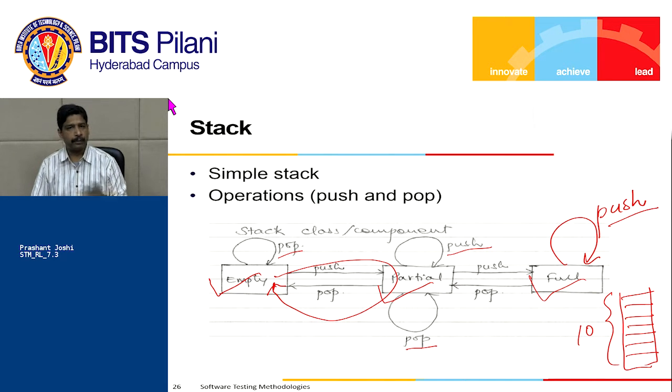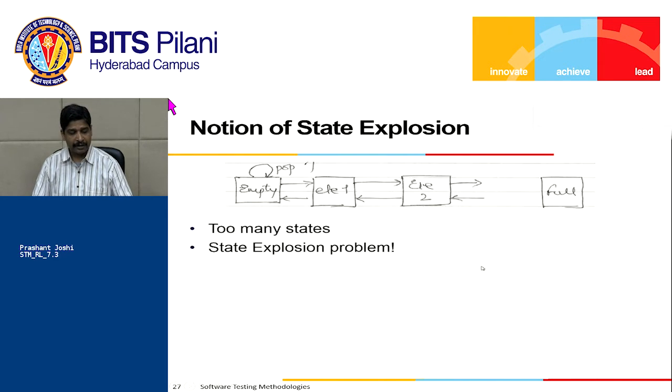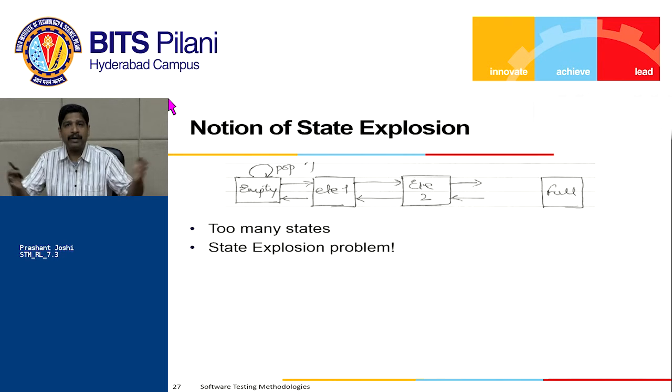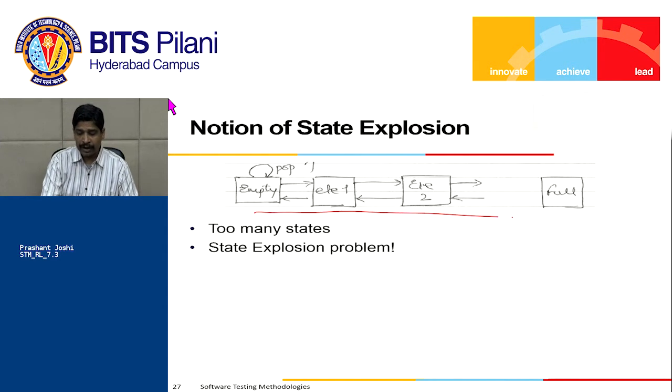I could do a push and a pop, push and a pop. So ultimately we see that there could be a state explosion problem. One is the push pop piece, I'm moving from one state to the other. The other is that I'm moving from one state to the other state, and every state is depicted as if I have got one more element in the stack. So those many number of states. Thus, if I have a growing stack, I would always have growing number of states.